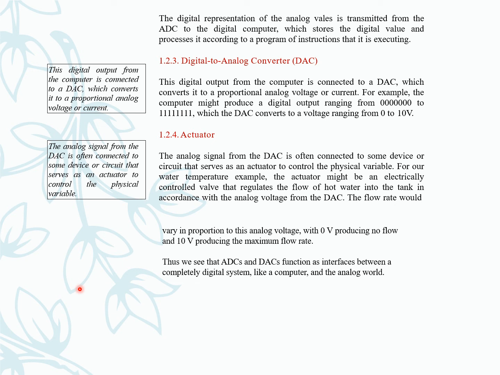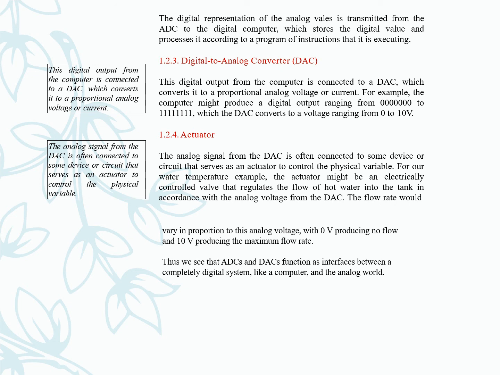The next component is the actuator. It works opposite to the transducer. The analog signal from the DAC is often connected to some device or circuit that serves as an actuator to control the physical variable. For our water temperature example, the actuator might be an electrically controlled valve that regulates the flow of hot water into the tank in accordance with the analog voltage from the DAC.